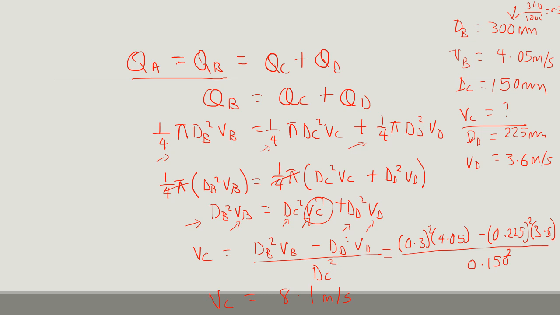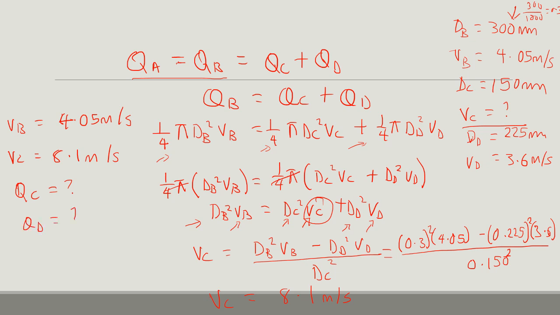So we know what we've calculated. We know VB to be equal to 4.05 meters per second, and VC to be equal to 8.1 meters per second. And we were asked to find also discharge at C, that is QC, and discharge at D, QD.